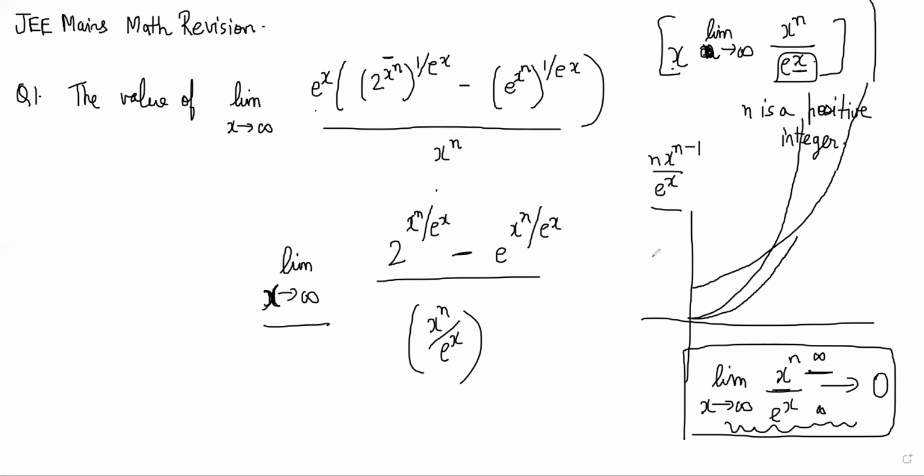Notice that e power x didn't change. This is still infinity by infinity. So if you keep doing it n times, the top will become a constant, n factorial or something. And the denominator is still e power x.